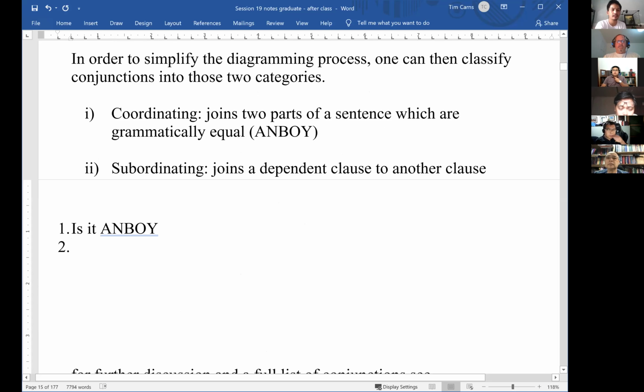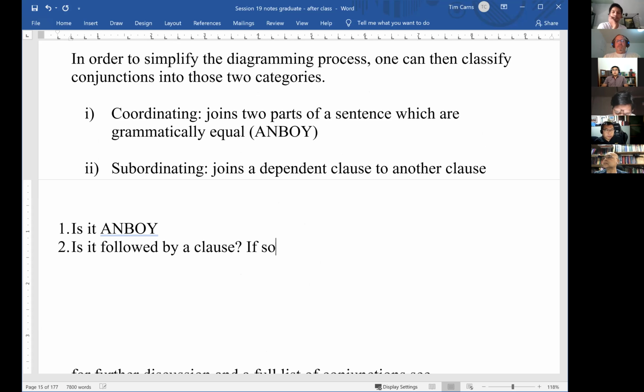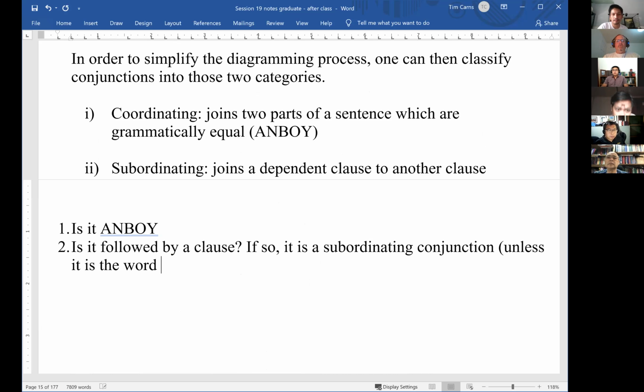And then the second, is it followed by a clause? All right. If so, it is a subordinating conjunction. Again, unless it is the word who, which, or that. In that case, it's a relative pronoun.